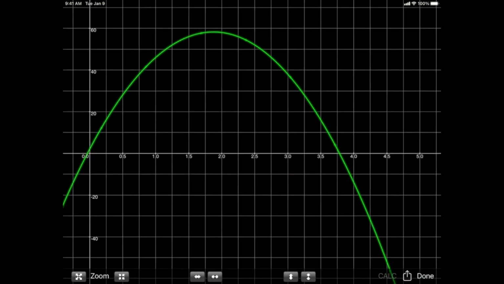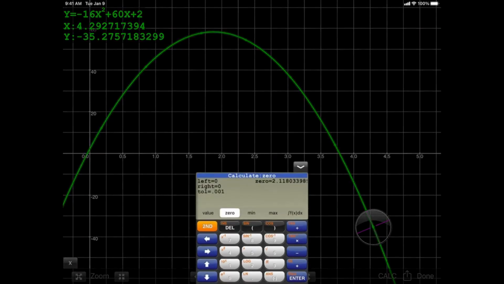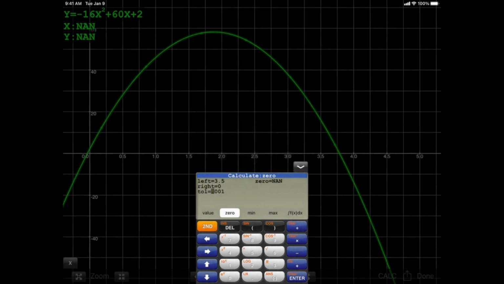Okay, so it looks like that number is between 3.5 and 4. So I'm going to click on the graph. Then I can actually press the calculate button. We said it was between 3.5 and 4. And there it tells me my answer is x equals 3.78 at the top.